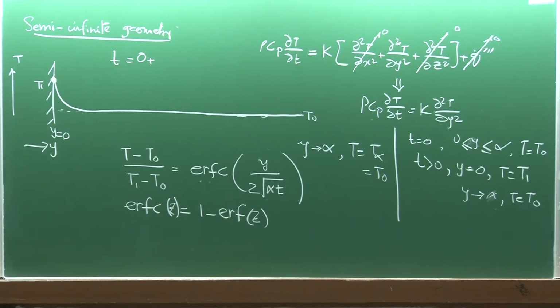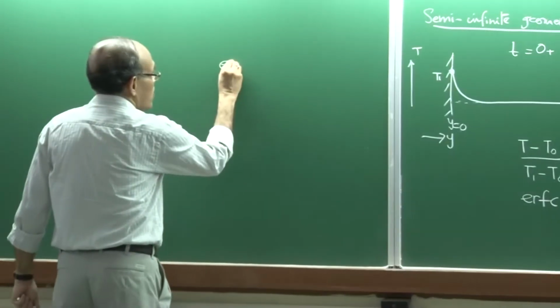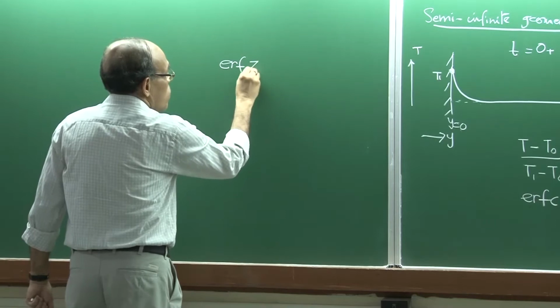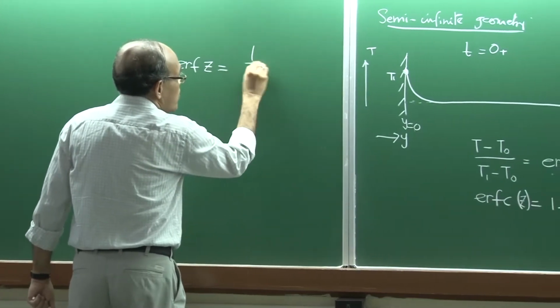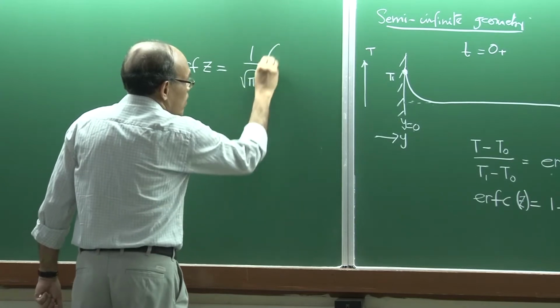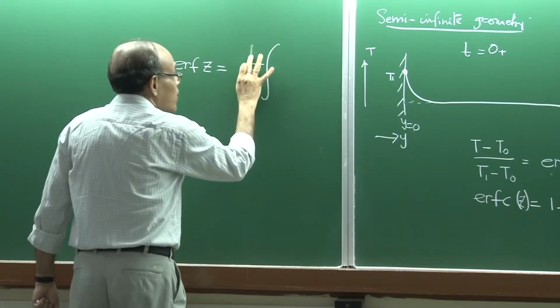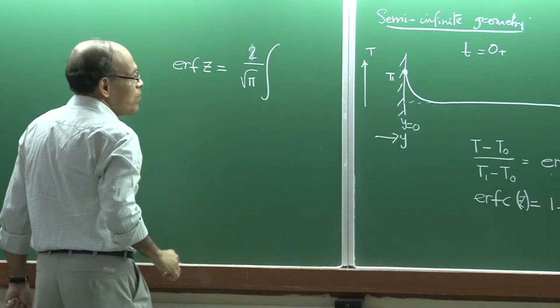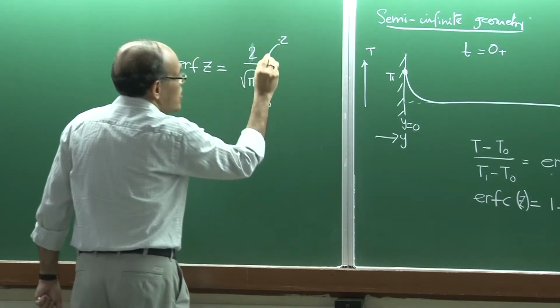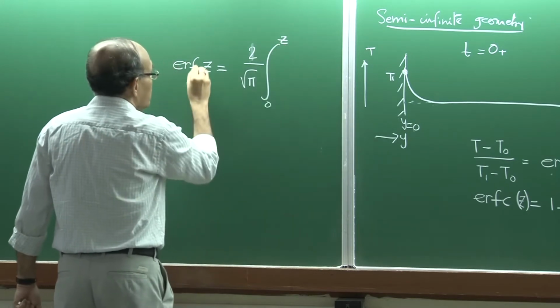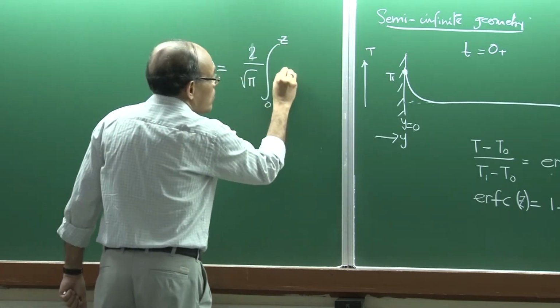Now, what is the form of that function? If you have ERF, the error function of Z, then it is written as error function Z equal to 1 divided by square root of pi, or one can do it by 2 divided by square root of pi, then the limit will change from 0 to Z, and then it is equal to the integral of an exponential function.